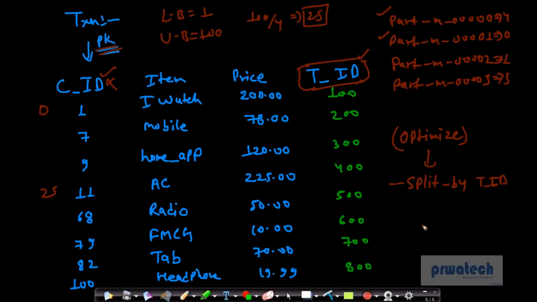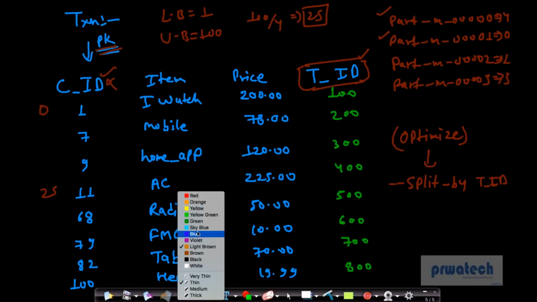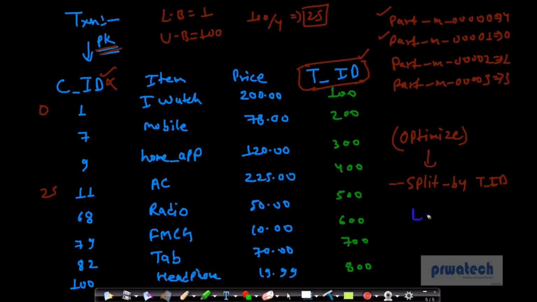It will say, I found the lower bound as 100 and the upper bound as 800, and 800 divided by 4. So instead of applying the mapper on CID, I'm now applying the mapper concept on TID, just using one parameter called split by.